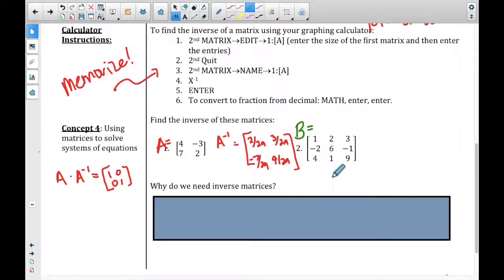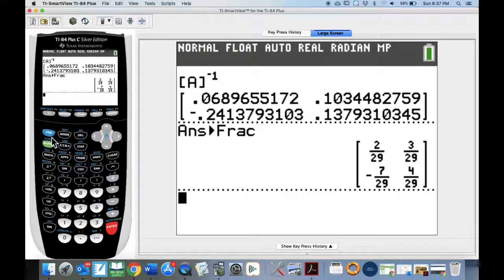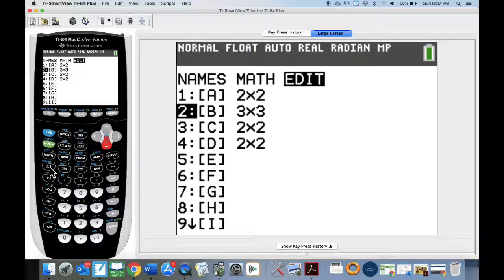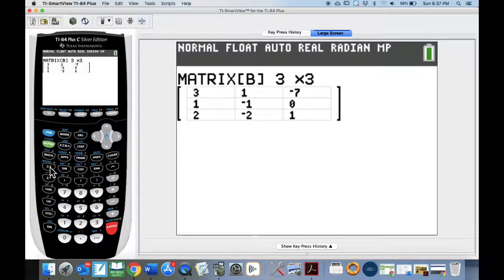So let's go back to our calculator, follow those instructions, go to second matrix edit. Now in the edit menu, I said a minute ago that I was going to call it B. So I'm going to go down to B and I'm going to choose B. And once again, mine already has a 3 by 3.